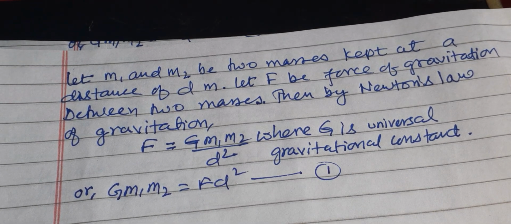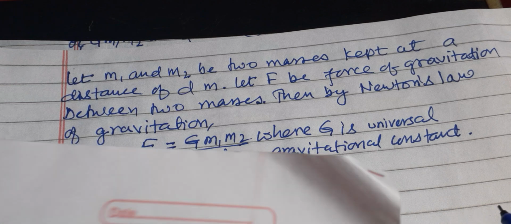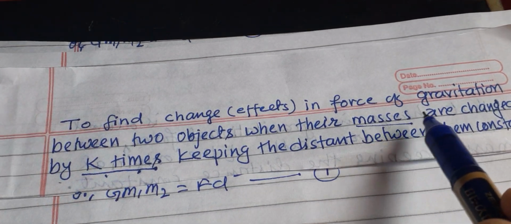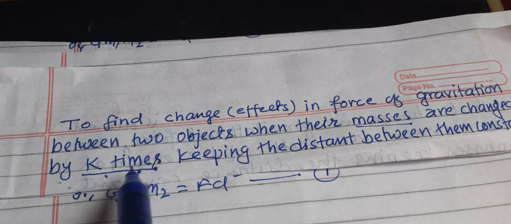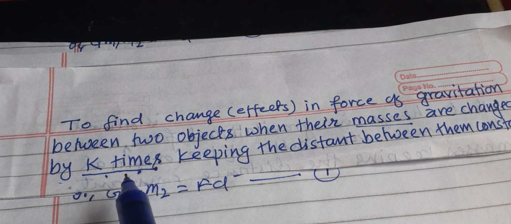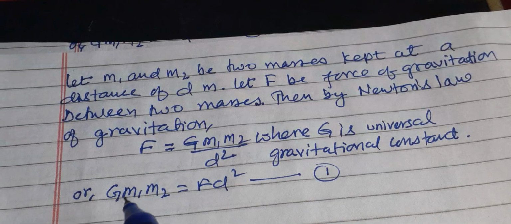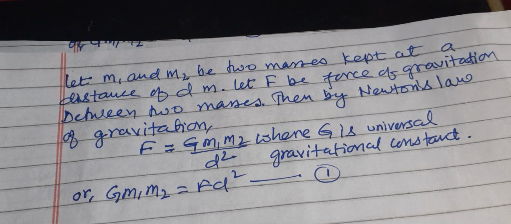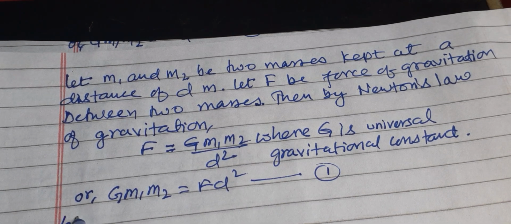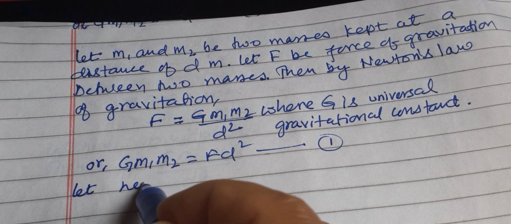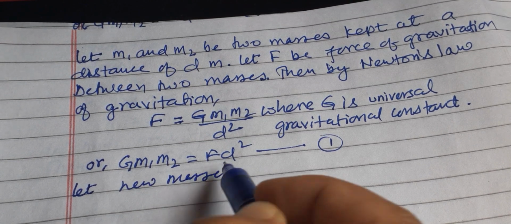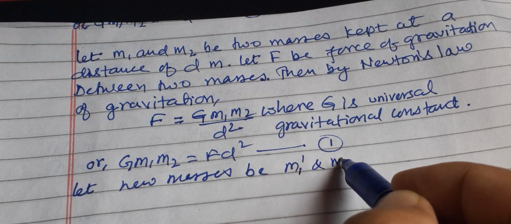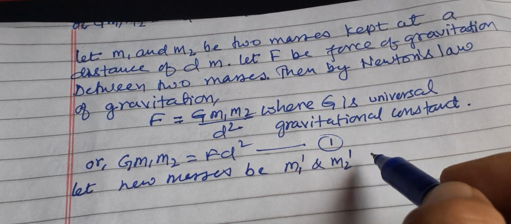So our question, once again look at the question. The masses are changed by k times. So new masses now become k times the previous masses m1 and m2. So let the new masses be m1 dash and m2 dash, or prime.